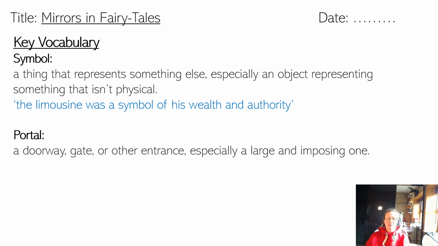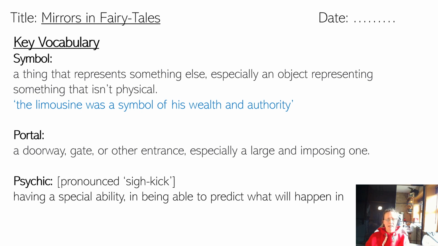Okay, so the last word for our key vocabulary that I'm going to want you to use in the lesson later on is psychic. Doesn't look like you would say it like that, but I've put in square brackets at the side, pronounced psychic. Okay, psychic. What does it mean? What does psychic mean?